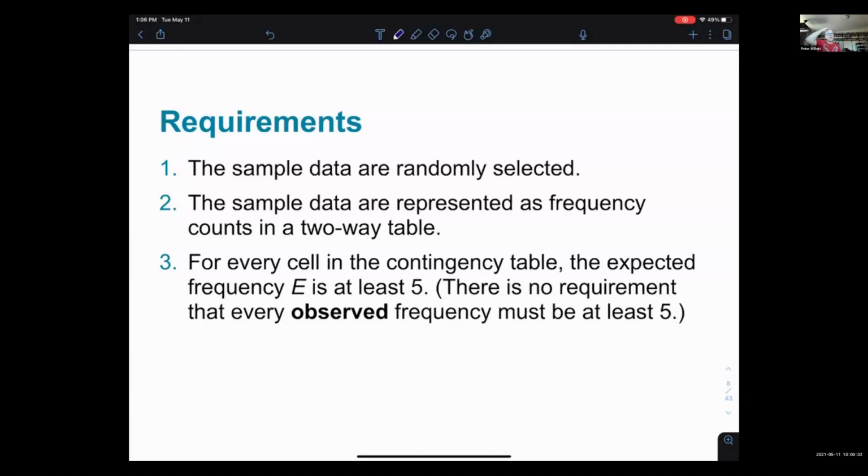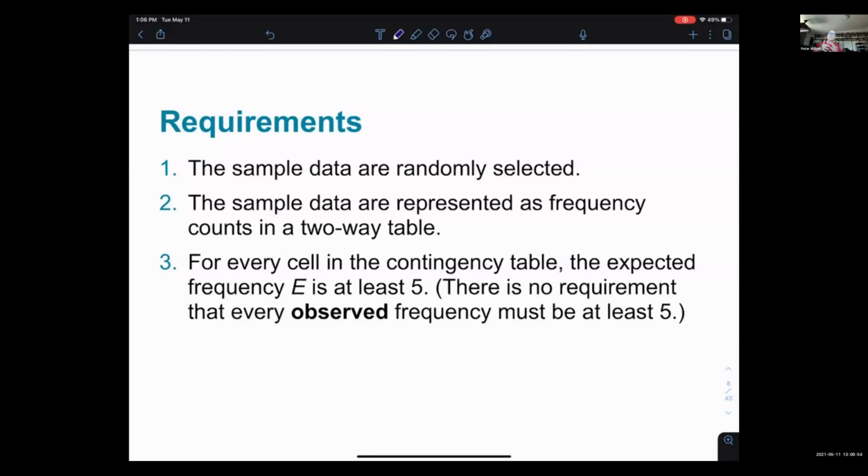And that means that every category you're thinking of, you should expect to see at least 5 in order to test the theory that your expectations are correct. Because if you say, well, I only expected to see 1 and you don't, well, that's hard to see whether your expectations were wrong or just that it happened randomly because you expected to see so few.